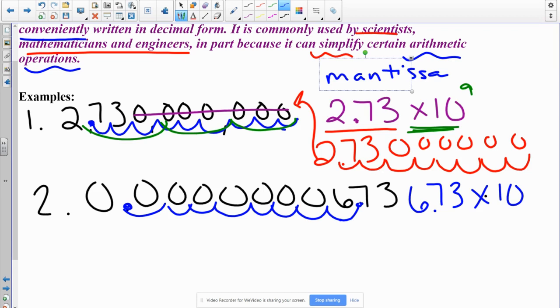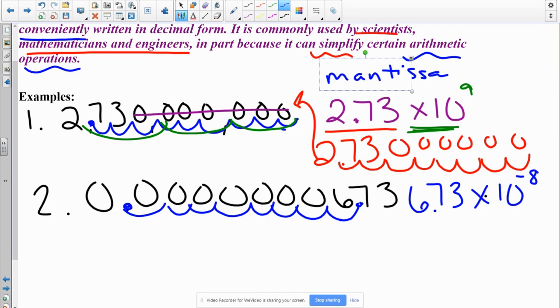Now, it's not to the power of just 8. I'll put an 8 up here. But if we're going to move it to the right, this is important to start learning, we are going to have to take it to the negative eighth.